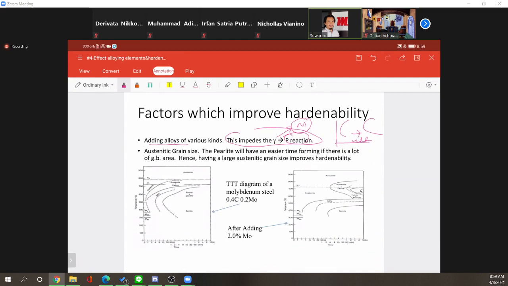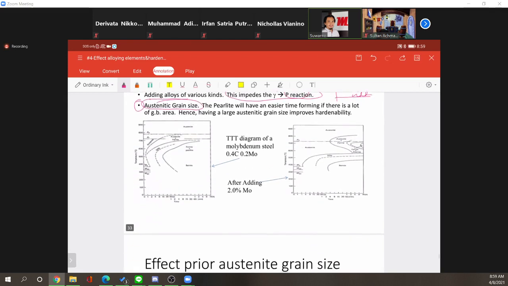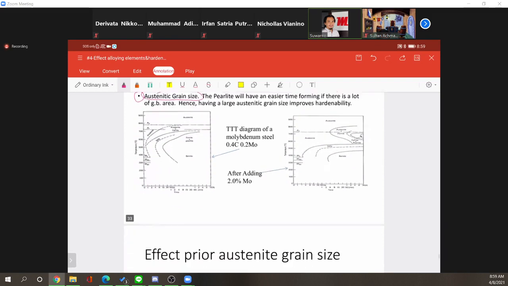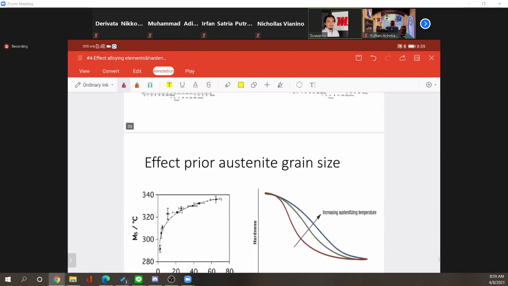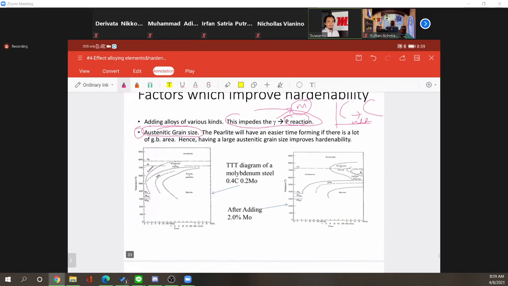The second is grain size. So this is quite new for you probably, and I need to discuss this a little bit. Let's imagine that you have an outstanding microstructure like that, with 3 grains.